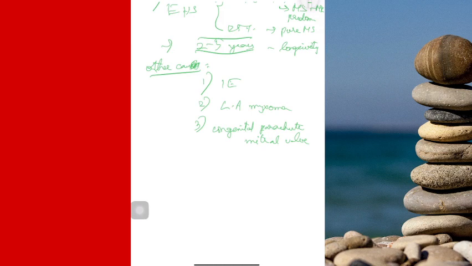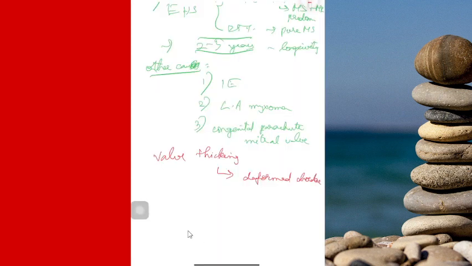Okay, so what basically happens here? The valve is going to thicken. Thickening of the valve is going to produce deformed chordae, and the commissures are going to fuse. See, chordae are the strands that connect the papillary muscle to the leaflet. They are going to become deformed.